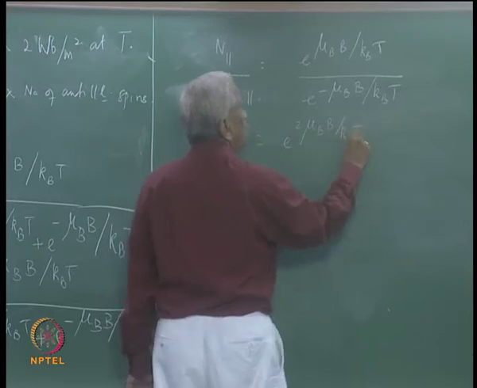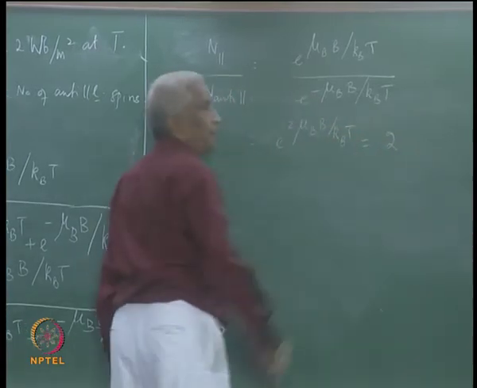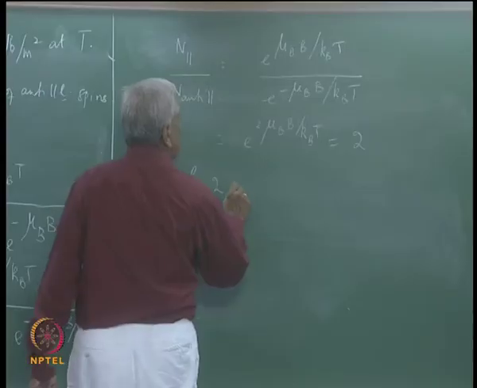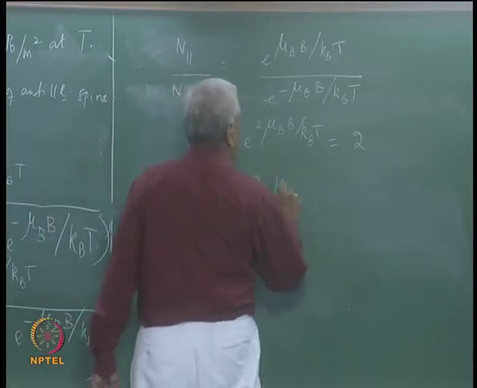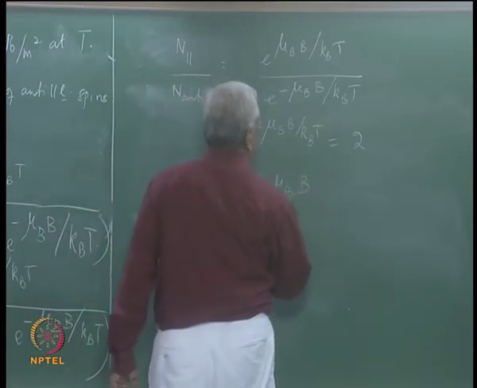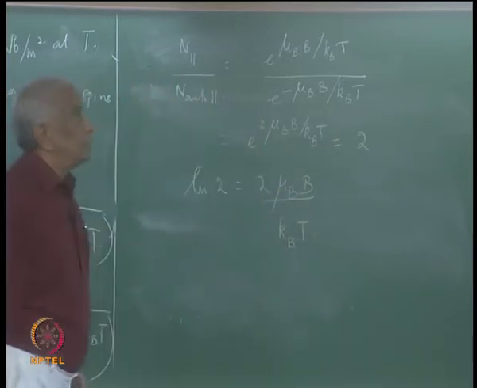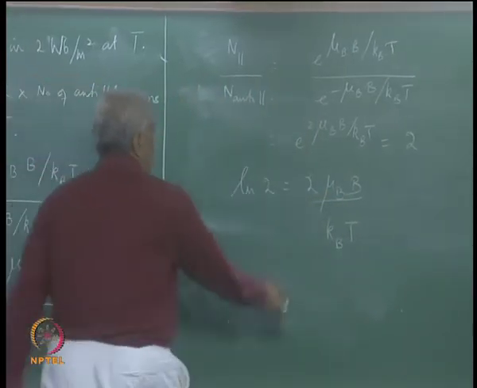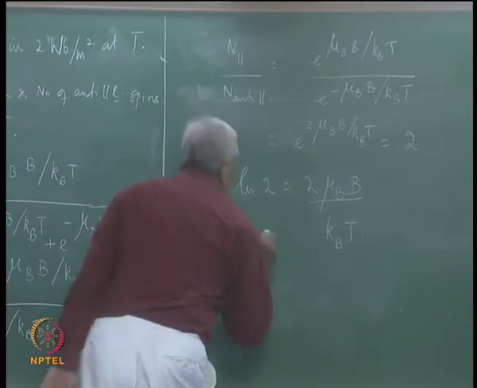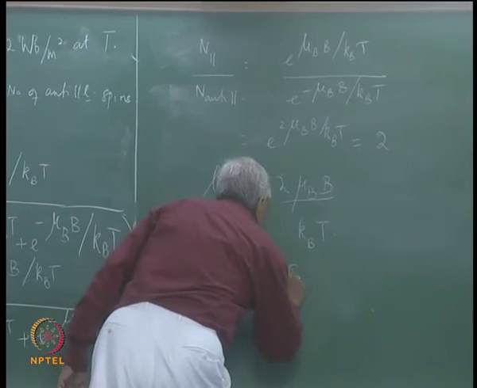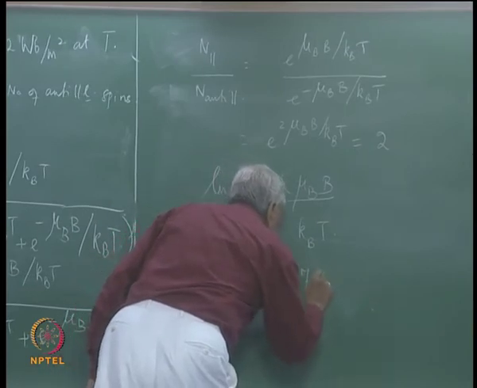And we are told that this ratio is just 2. Therefore, taking logarithms and substituting for everything, we can easily calculate the temperature, and it turns out to be 3.87 K.